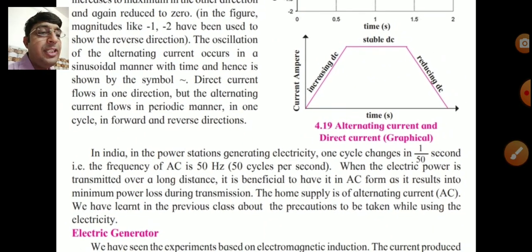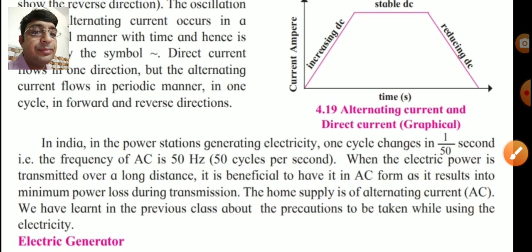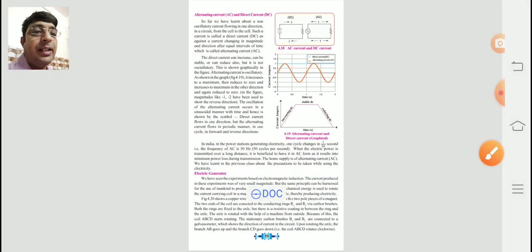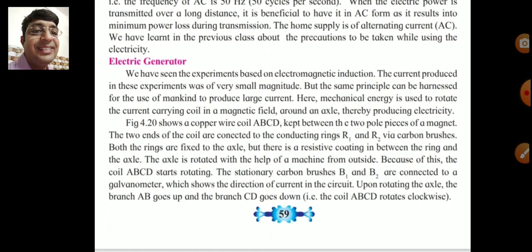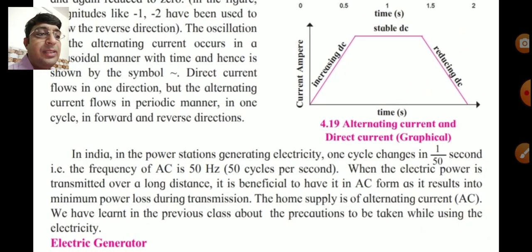Next, what is the frequency of AC and DC? That is the next distinguishing point. Check, in India, last paragraph. In India, in the power station generating electricity, one cycle changes in 1/50 seconds. So 1/time is nothing but the frequency.